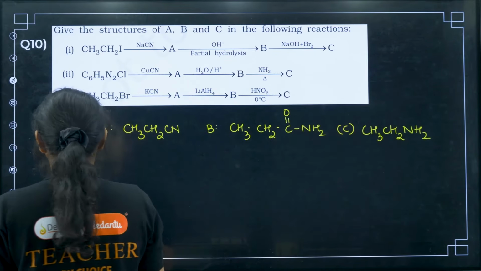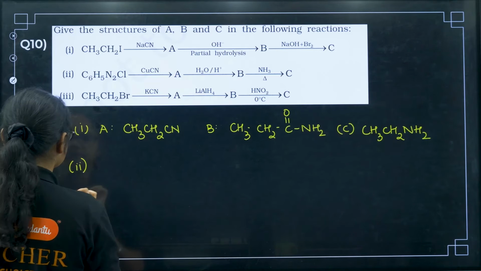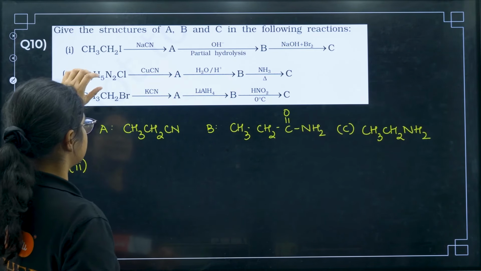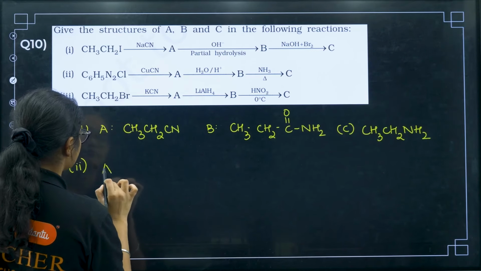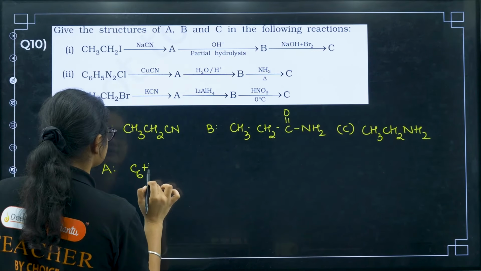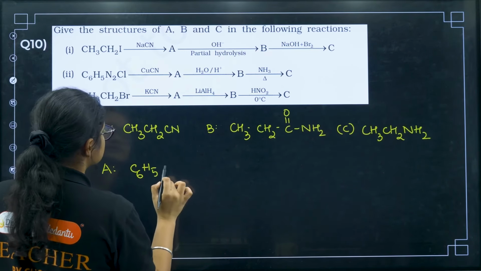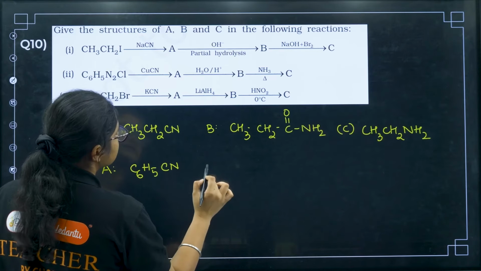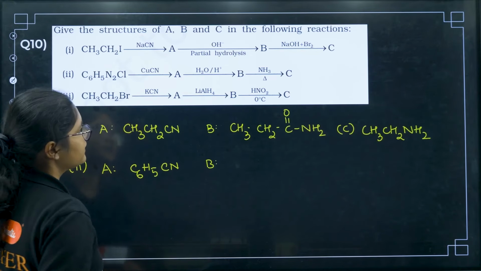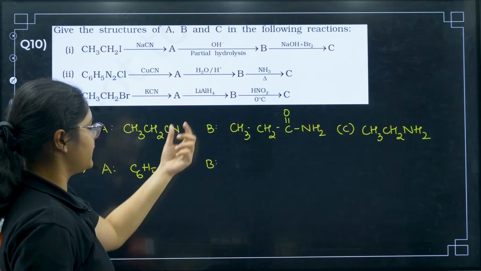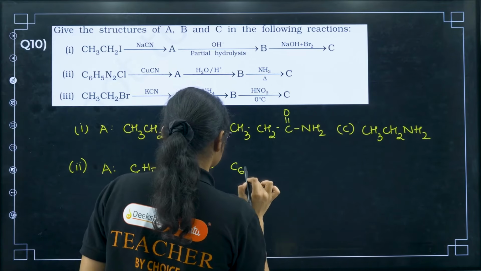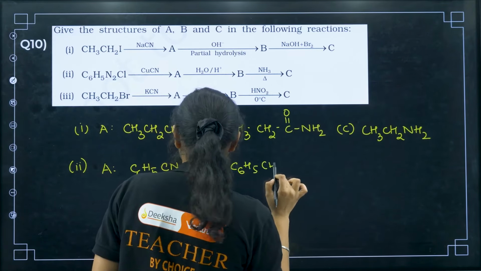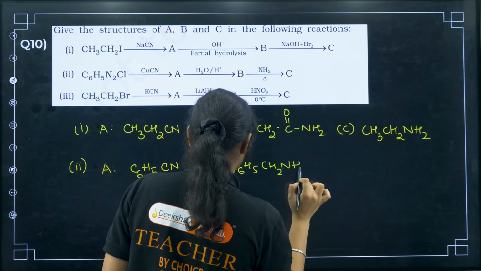Okay. Next, the second one here is C6H5N2+Cl- and CuCN. So that will give you C6H5CN. Okay. Next, B, if you just treat it with H2O and H+, the hydrolysis you do, you will get here C6H5CH2NH2.